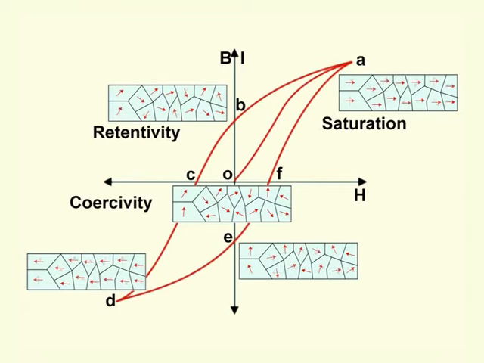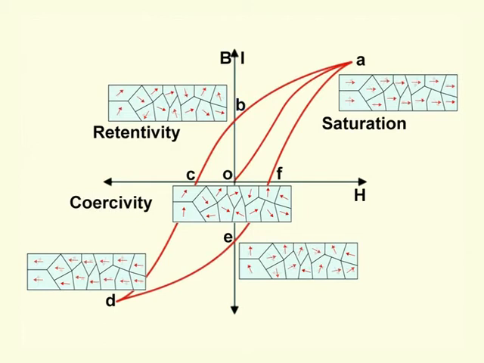If now H is gradually reduced by decreasing current in the toroid, it is found that the curve follows the path AB instead of AO. However, at point B, magnetizing force H becomes 0, but flux density in the material does not reduce to 0, rather has a value equal to OB.